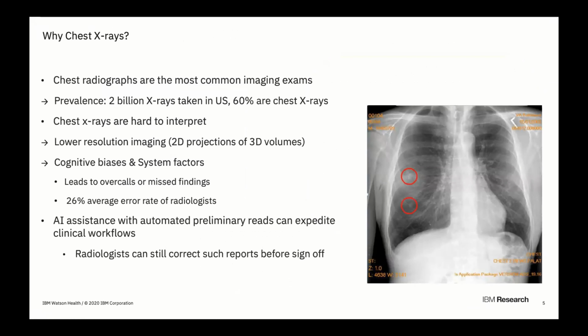So we chose chest X-rays, as most of you know, it's the most common modality, and it's also from a commercial standpoint that makes sense given the prevalence of use. Radiology practices don't make much money on chest X-rays. So having machines do much of the filtering would actually be welcomed is the current hypothesis.